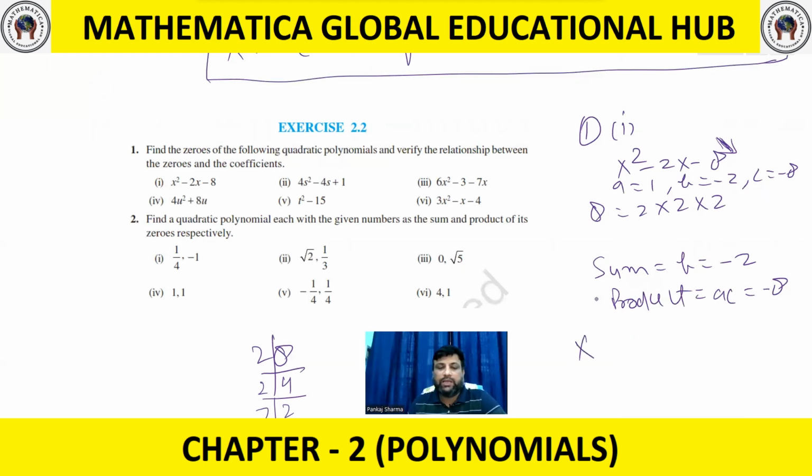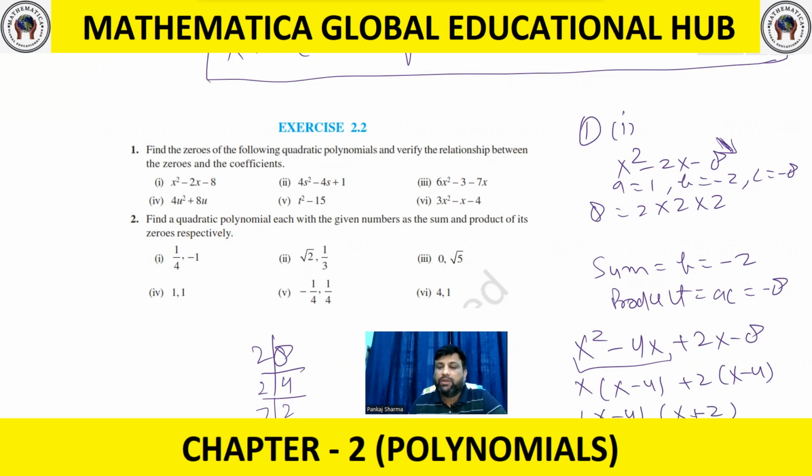So we can write it like that: x square minus 4x plus 2x minus 8. Yes. Now we can take x common between these two terms. So if I take x common, it will be x minus 4, and plus 2 if I take common, it will be x minus 4. x minus 4 we can take common from all, so it will become x minus 4 into x plus 2. Yes. So I think everybody is understanding here.